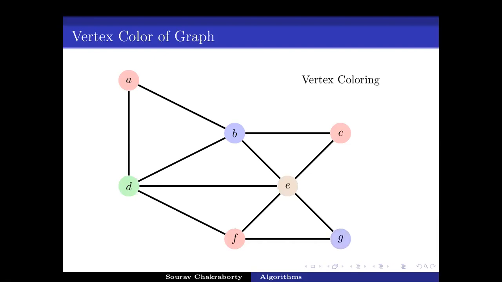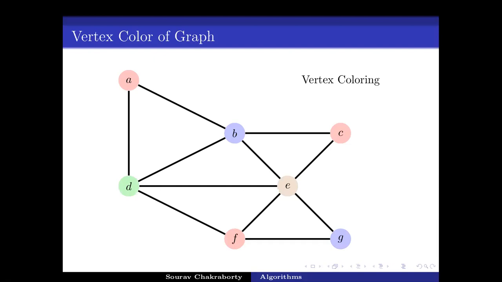Similarly we can color G with this blue. So for every vertex we assign a color from the set of colors available to us, with the constraint that no edge will have both its endpoints with the same color.